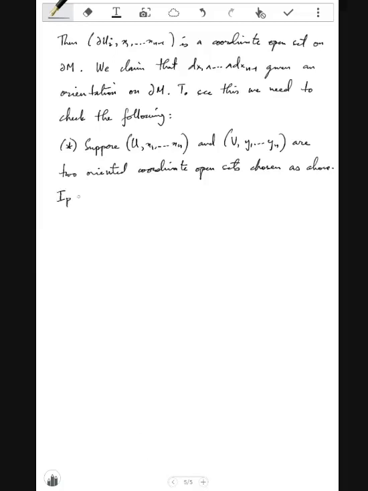If P is in boundary of U intersected boundary of V, then dx1 wedge to dxn minus 1 at P and dy1 wedge to dyn minus 1 at P are positive multiples of each other.